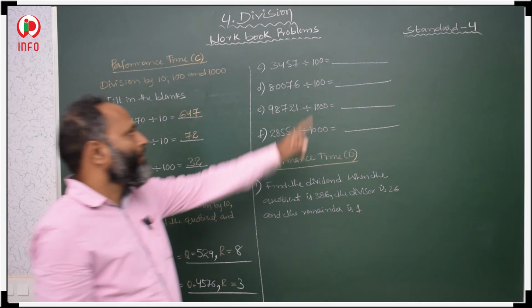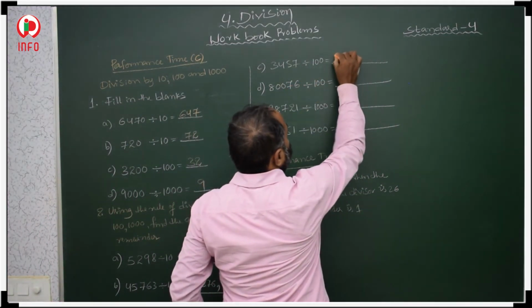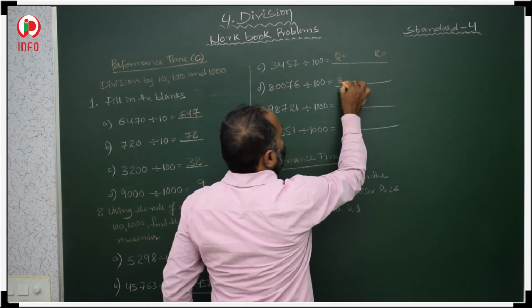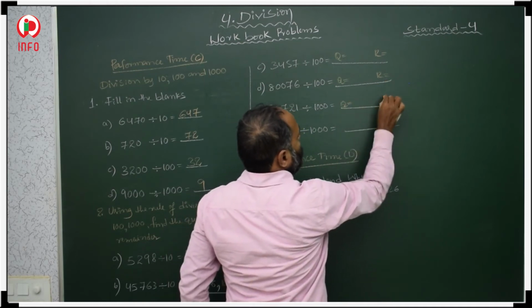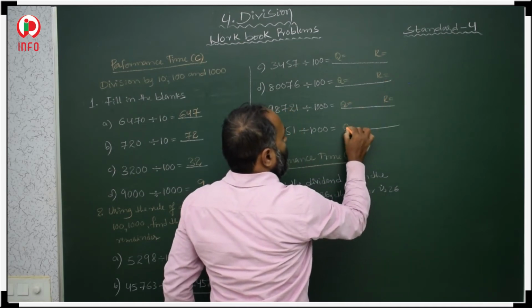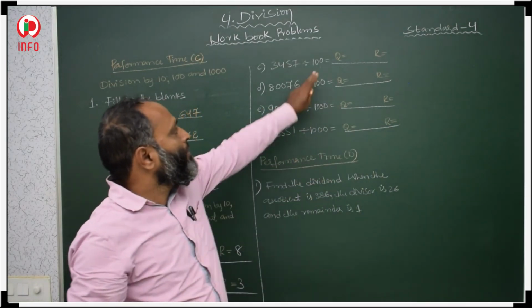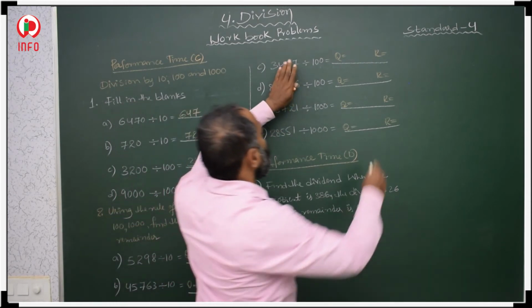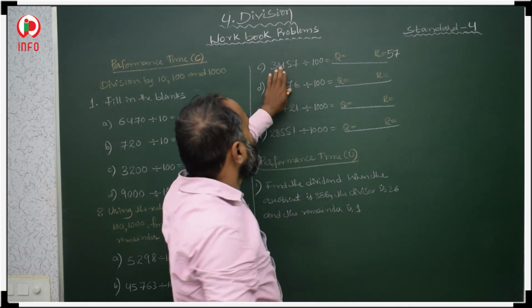In the same way, here we are dividing by 100. So what is the quotient and what is the remainder? We have to write the quotient and remainder. First the remainder: in 100 we have 2 zeros, so the last two places are the remainder, 57. So 57 is our remainder and the rest of the places are the quotient.